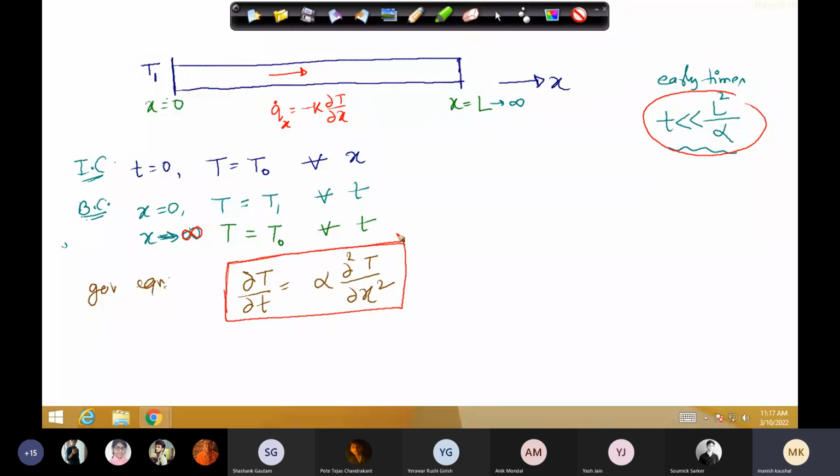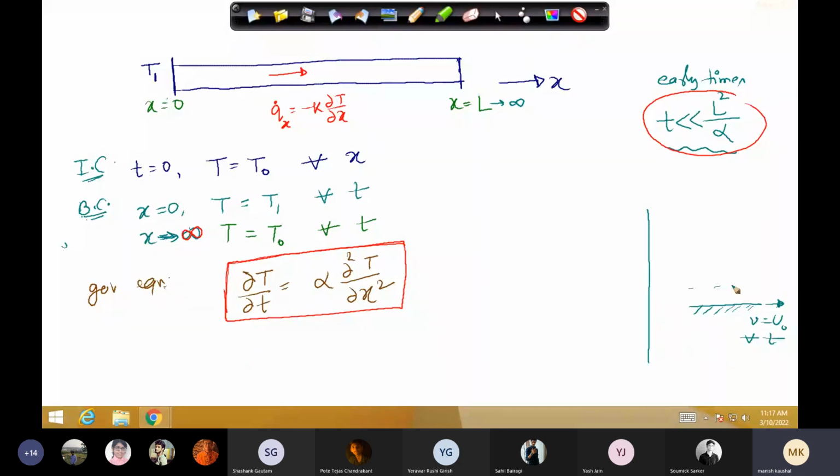Now we want to take the analogy from momentum balance. We can guess that the solution should be of the form of the error function, because that's what happened when we solved this problem. Let me just remind you what the problem was. This was the bottom plate, and you keep on pulling it with some velocity v equal to u naught for all t.